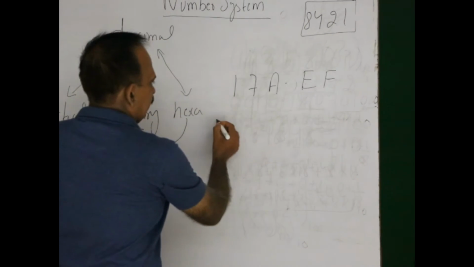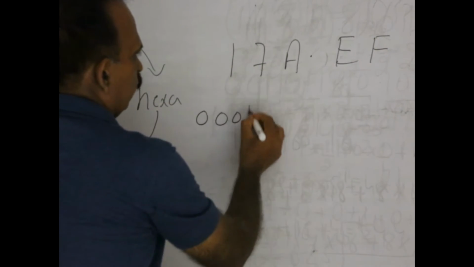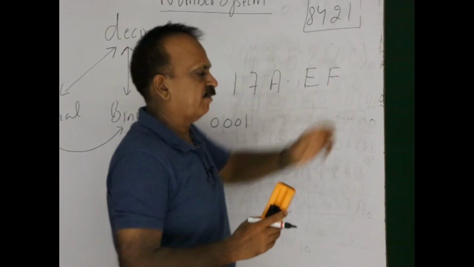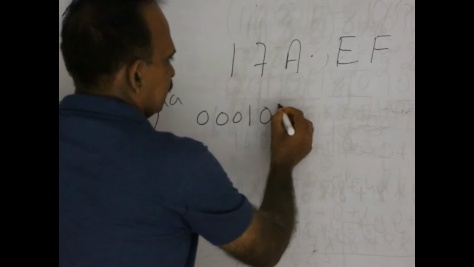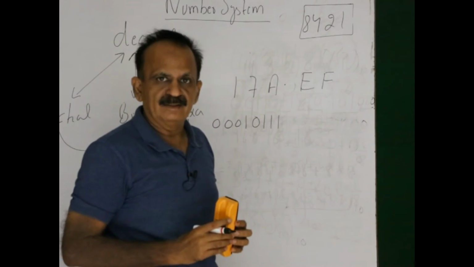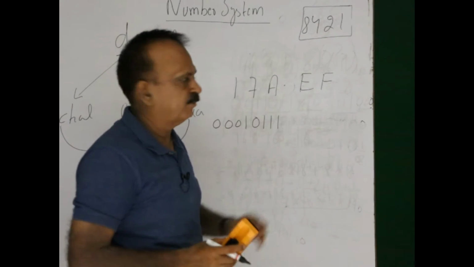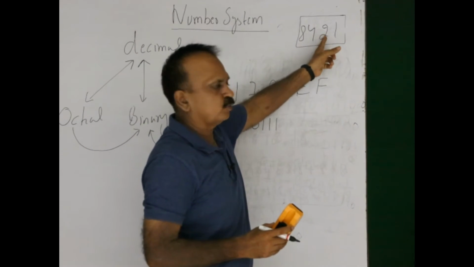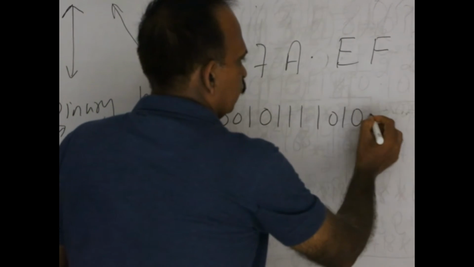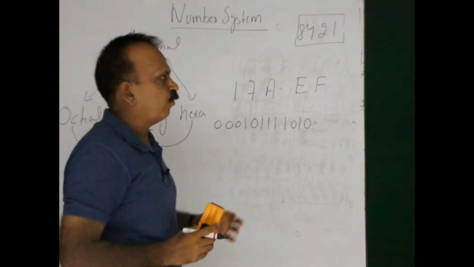And the number will be 0001. 7: 4 plus 2 is 6, plus 1 is 7. It is going to be 0111. A is 10. After 9 it comes, it is 10. So it is 8 plus 2, 10. The code will be 1010. E is 14.